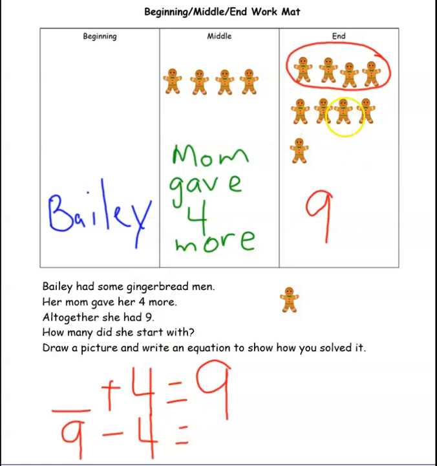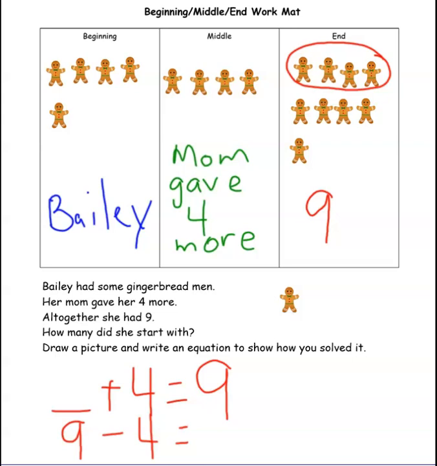1, 2, 3, 4, 5. Let's see if that's right. Let's add 5 here. 1, 2, 3, 4, 5. So let's think about that.